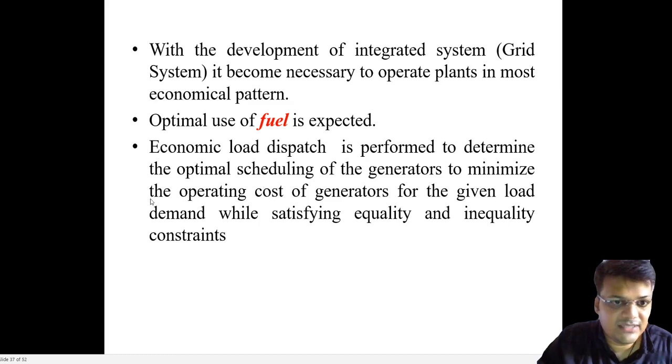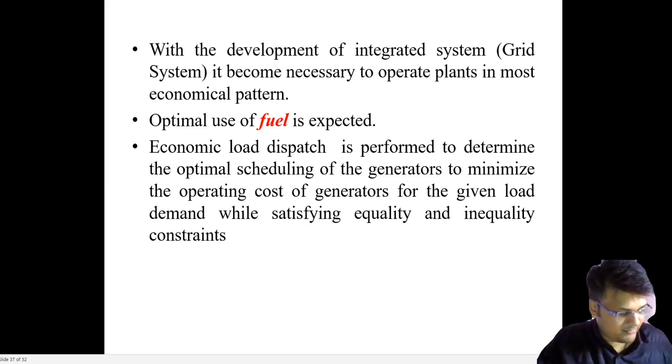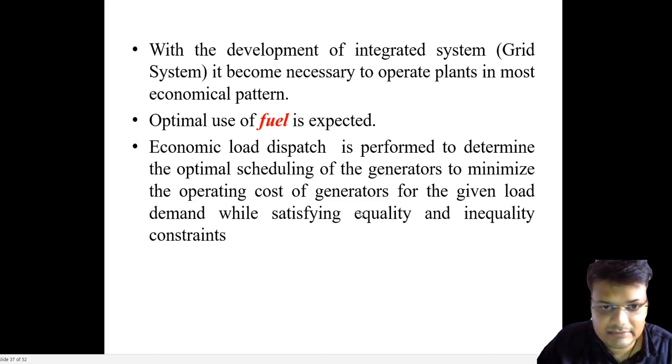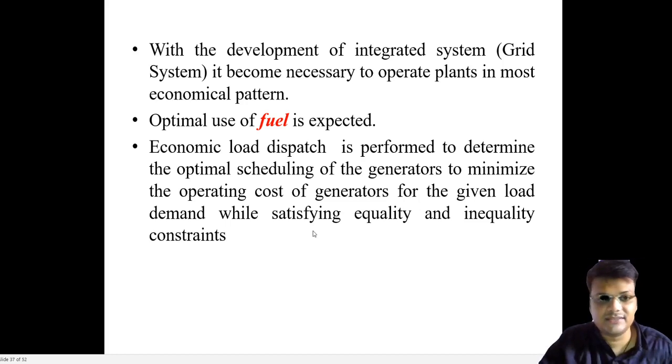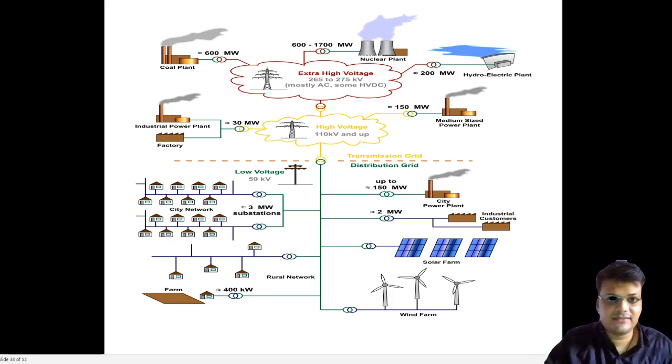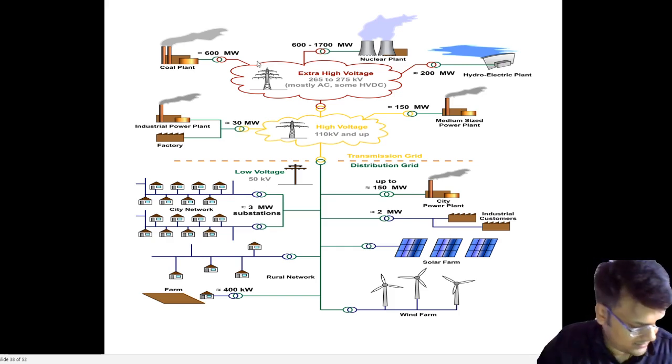How we will schedule optimally, we will see further. Our main concern is to minimize the operating cost of the generator: how to generate electricity with a smaller amount of input, so we get the maximum profit for the given load demand, because we also have to fulfill the demand, while satisfying equality and inequality constraints. What the equality and inequality constraints are, we will see in the numerical and some formulas. So here, yes Harsh, tell me.